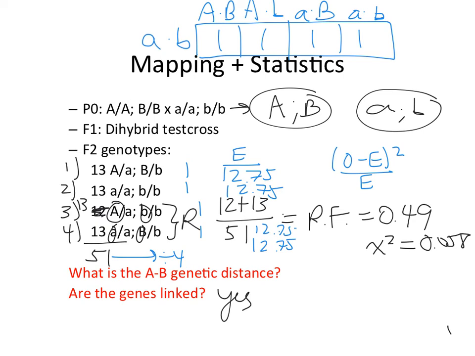Why are there 4 categories? 4 different genotypes. Each of them is a type or a class that we're tallying here. We've got 13 of one category, 13 of another category and so forth. So the number of degrees of freedom, 4 minus 1, is 3.